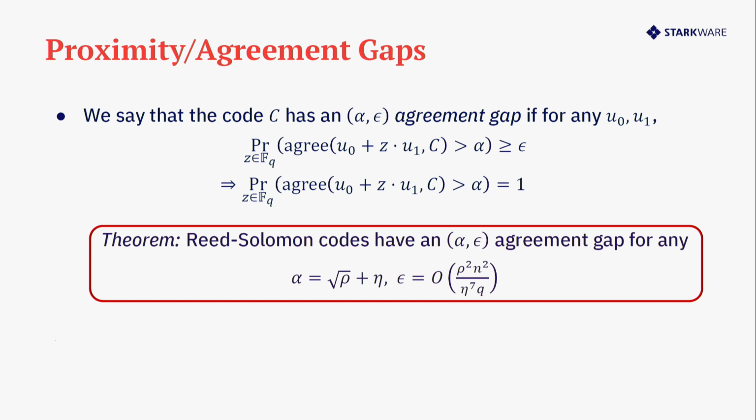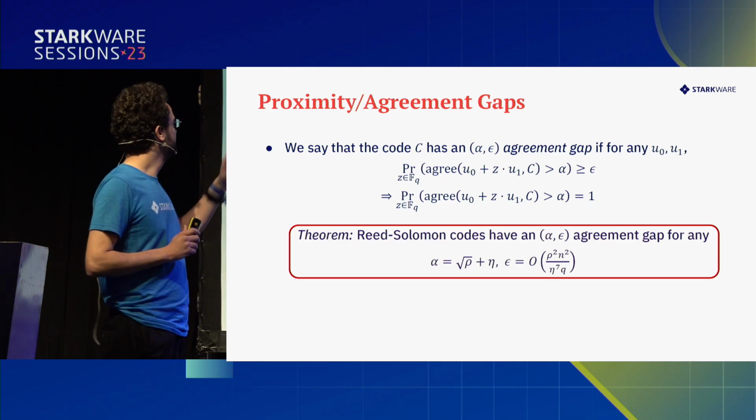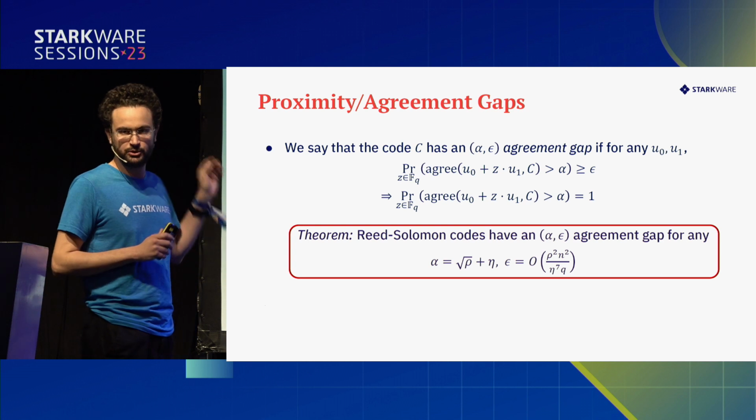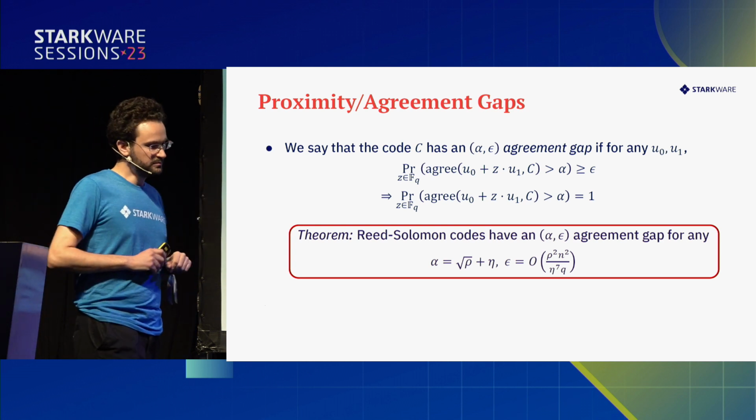If this eta is 0, then that thing explodes and goes to infinity. But as long as eta is a bit farther than 0, then this is just a constant. And the constant in the big O is actually like 1/128. So there isn't some huge constant hiding there. It's just that thing. So that's the proximity gaps theorem from the paper Swastik mentioned, BCIKS, 2020.